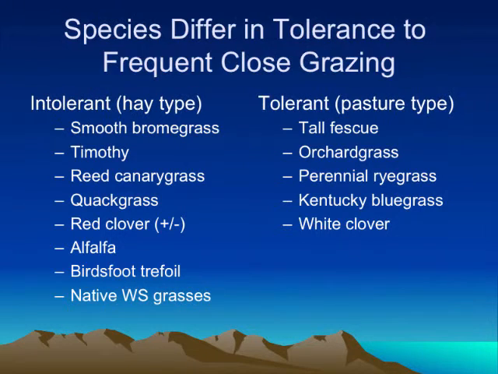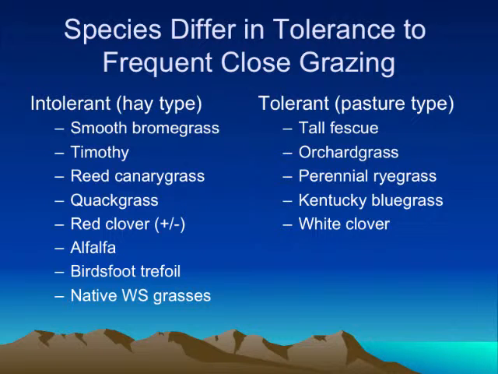Now let's look at the other slide. Species differ in their tolerance to frequent close grazing. Same list, but we've just changed the management, and so these are intolerant, but these are tolerant. Now there are differences within each of those columns.